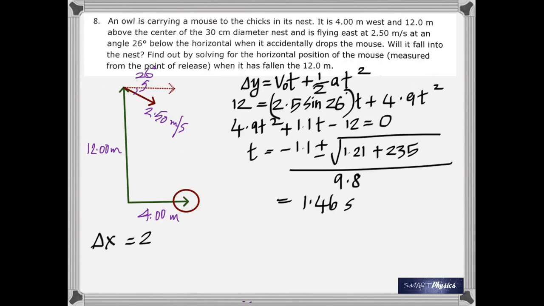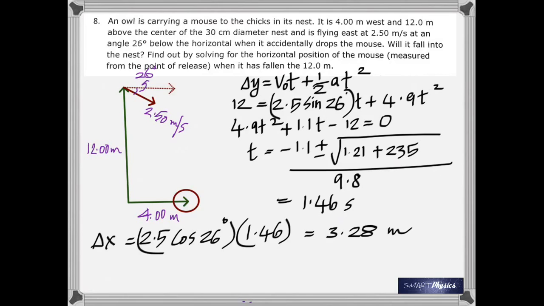And now, during this 1.46 seconds that the mouse takes to come down, we're going to find out how much it's going to move along the x-axis. Along the x-axis, remember that velocity is constant, so just multiply with the time. It's the cos component and you get 3.28 meters.